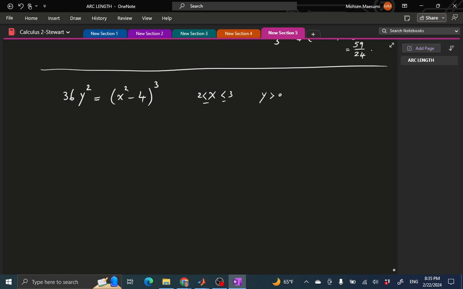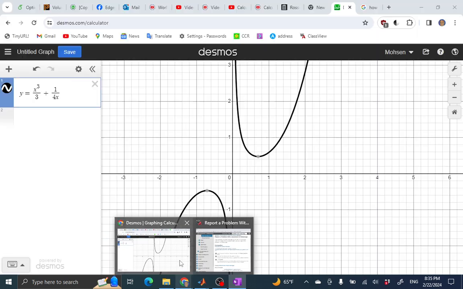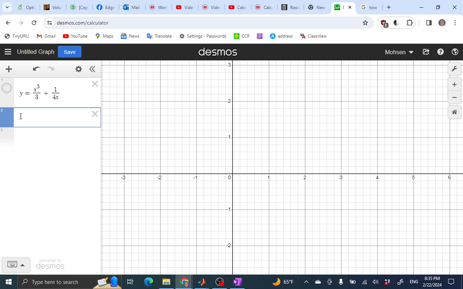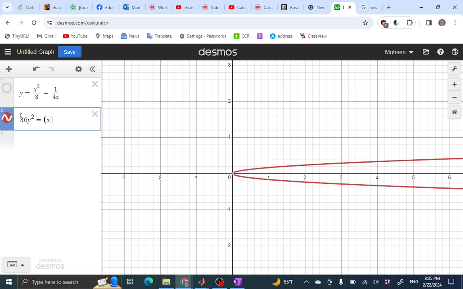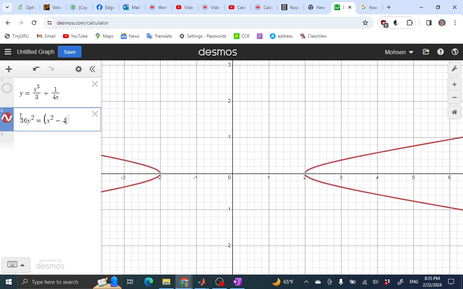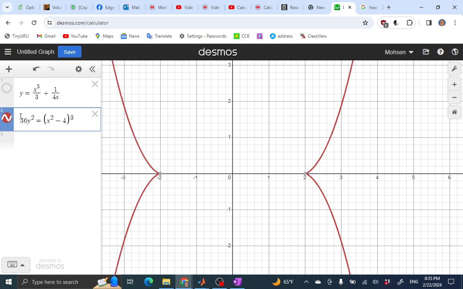Again, just to have a ballpark figure of what we are dealing with, let's take a look at the function: 36y squared is equal to x squared minus 4 to the power of 3. Okay, so that's a weird looking graph.